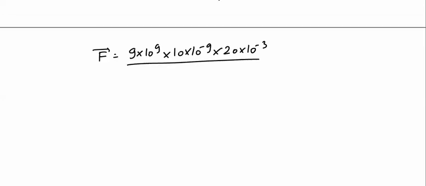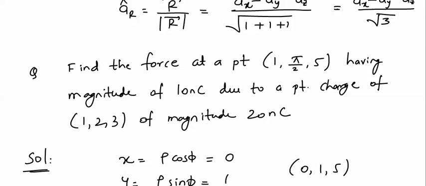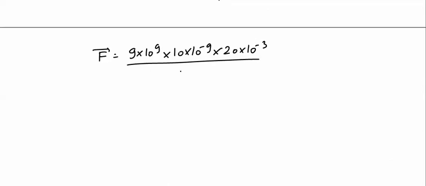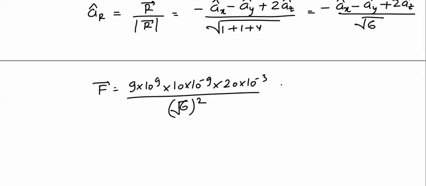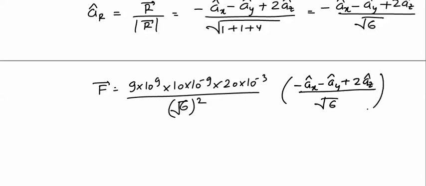We observed that the magnitude of r is root 6, so it is root 6 squared, and also we have the ar vector, which is minus ax minus ay plus 2az divided by root 6. If you solve this, you'll get the answer.